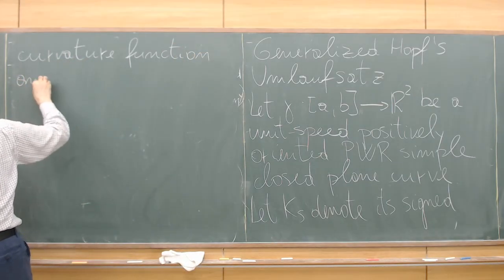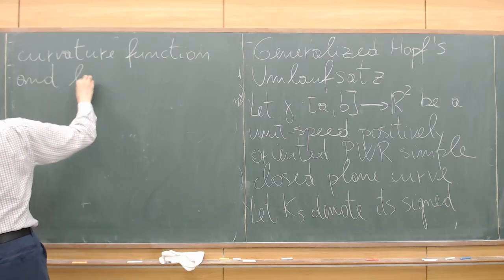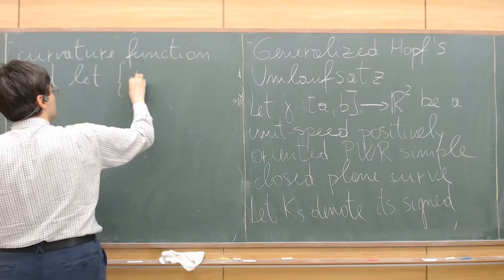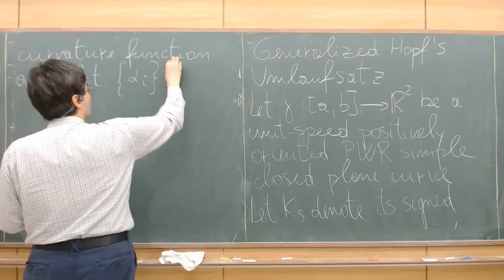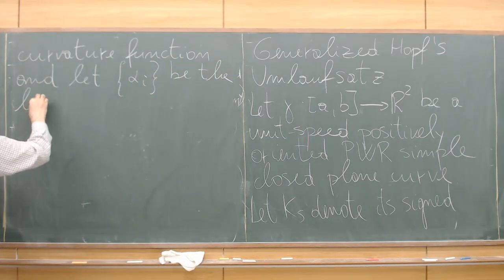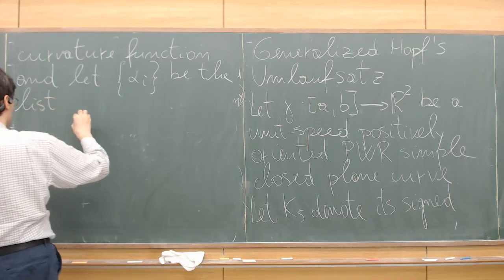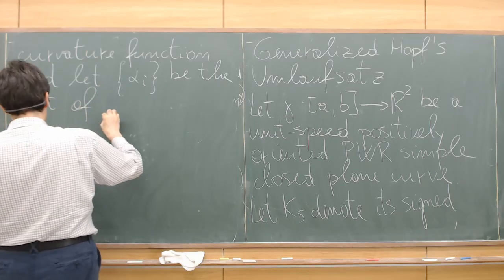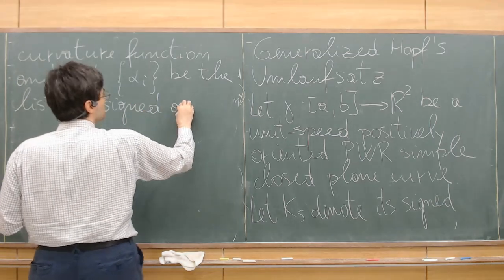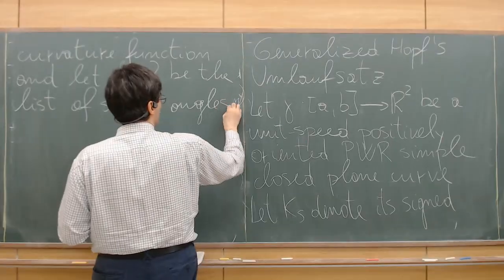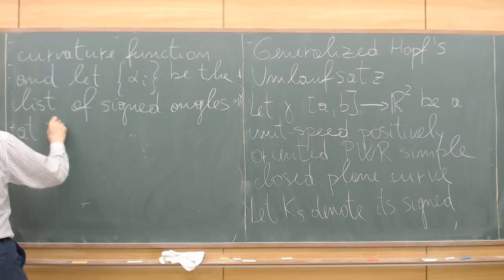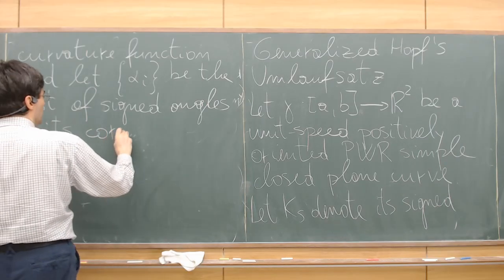and let alpha I be the list of signed angles at its corners.